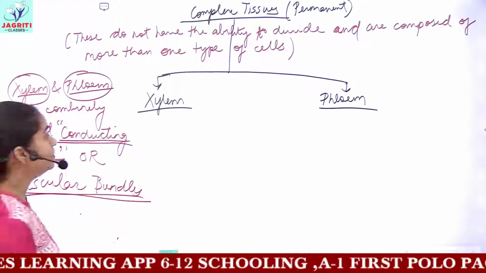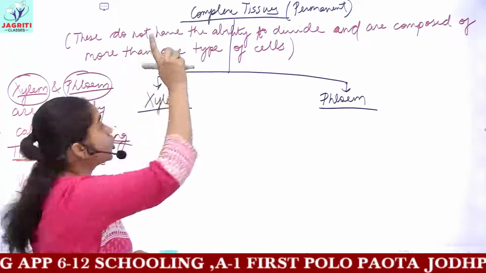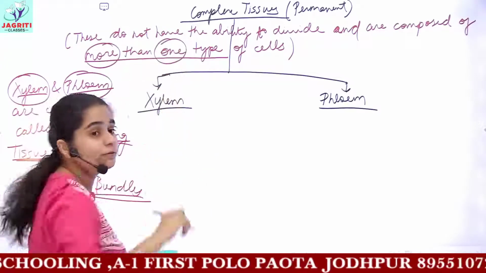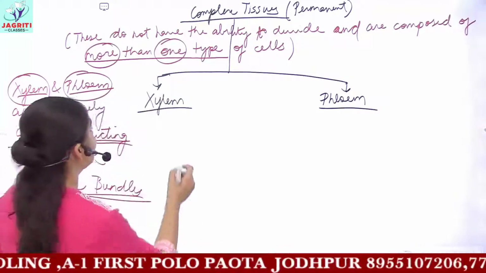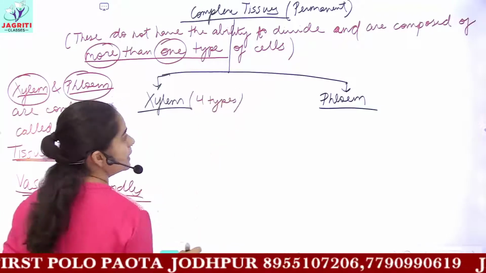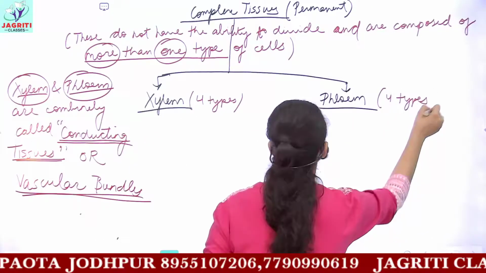Now this xylem tissue, because we have said that these are complex in nature, complex means these are made up of more than one type of cell. So xylem is made up of 4 types of cells and phloem is also made up of 4 types of cells.